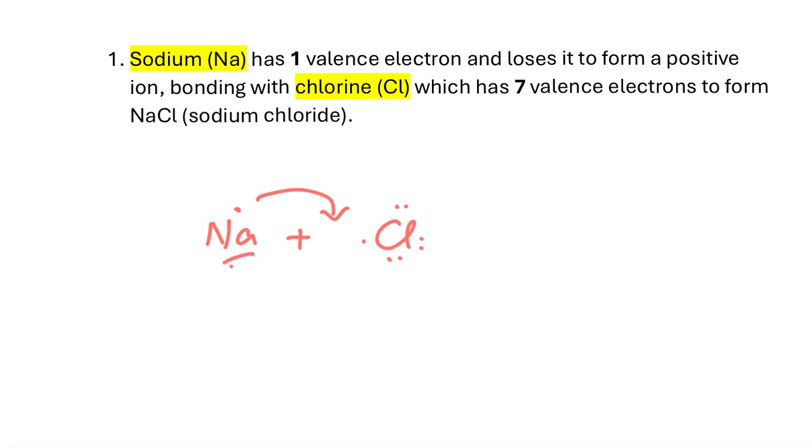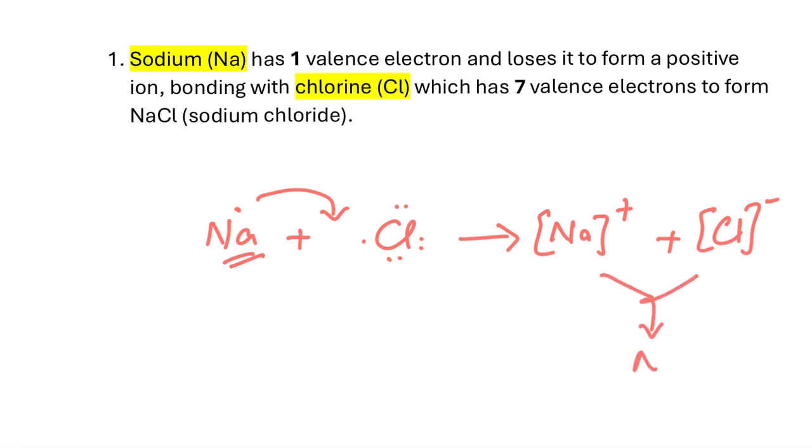Once sodium gives up 1 electron, it will become a positive ion, since it is giving away its negatively charged electron. And chlorine is going to take 1 electron, so it is going to be negatively charged. This is how they make sodium chloride, the table salt we eat.